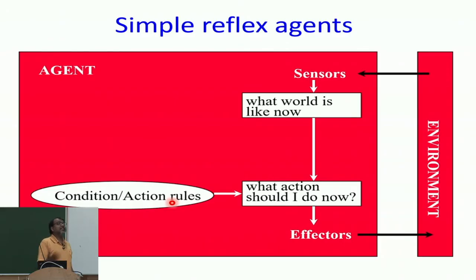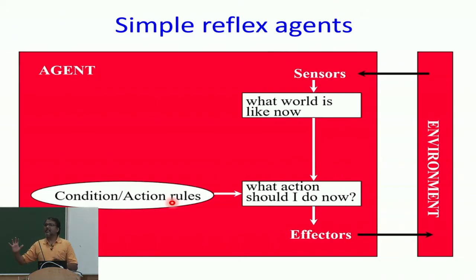Think about how, when we take a reflex action, does it fit in this paradigm? What is a simple reflex action we can think about? I touch a hot plate, and without thinking much, I quickly remove my hand as a reflex action. Does it fit into this paradigm?